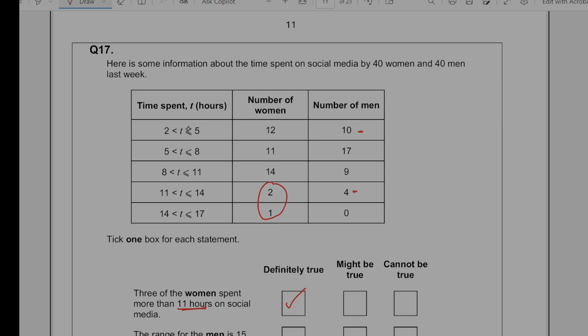So if all of these were 5, and then these were 12, 11 take away 5 is 6. The range for men is 15 hours, so it's definitely bigger than 6. I think I would have to say that's definitely not true.